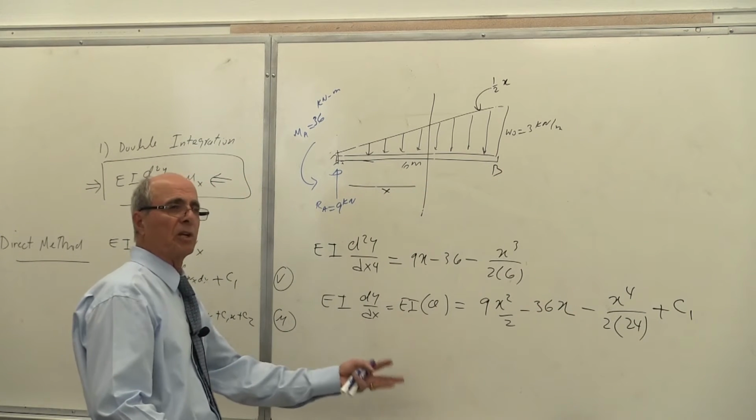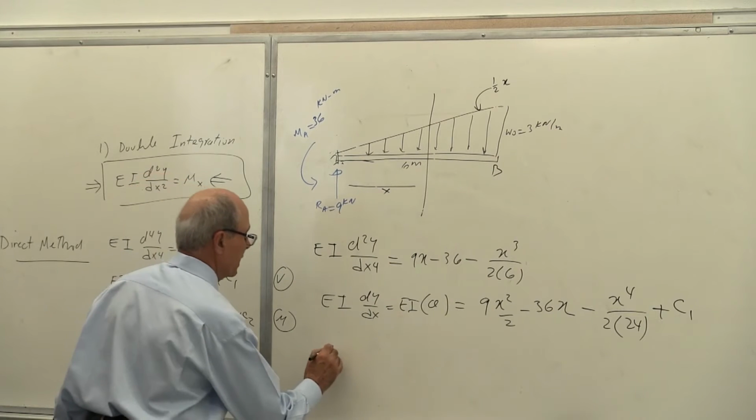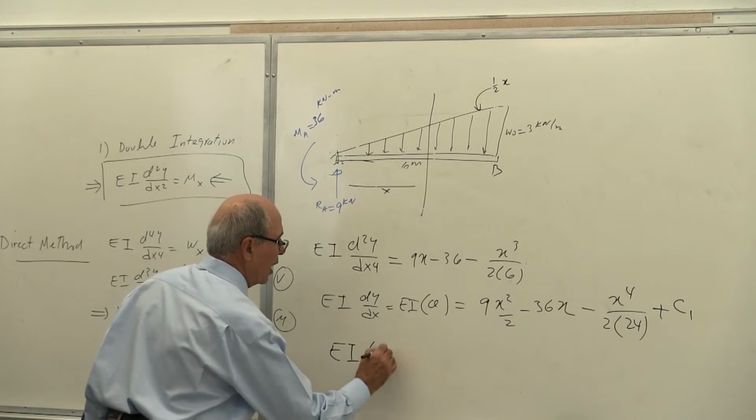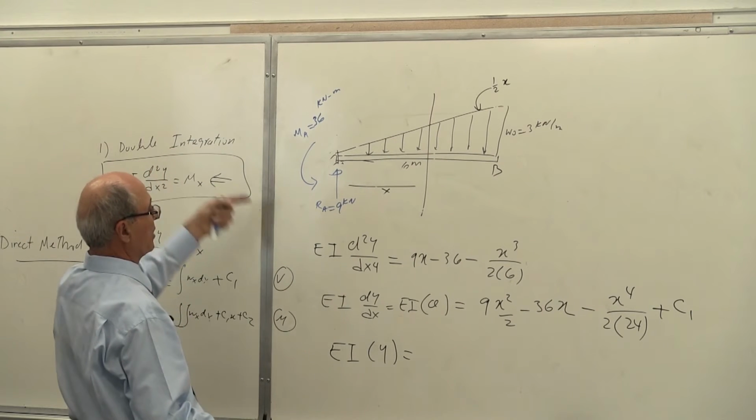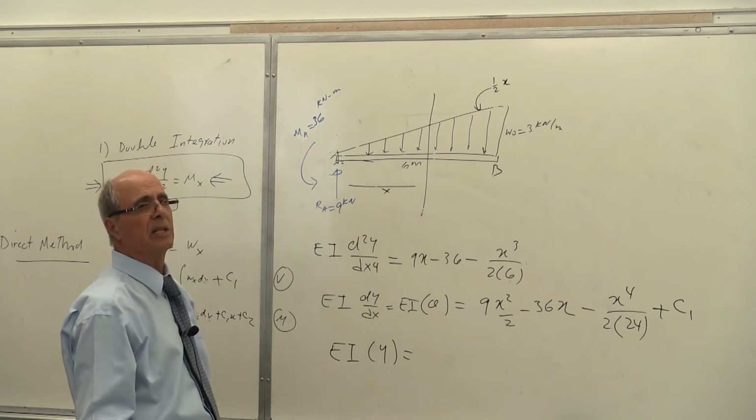These are routine. This part of it, as I said the last time, is very routine. EI y is the next integration. We are doubling. This is what we call double integration. First integral, the second integral. Yes or no?